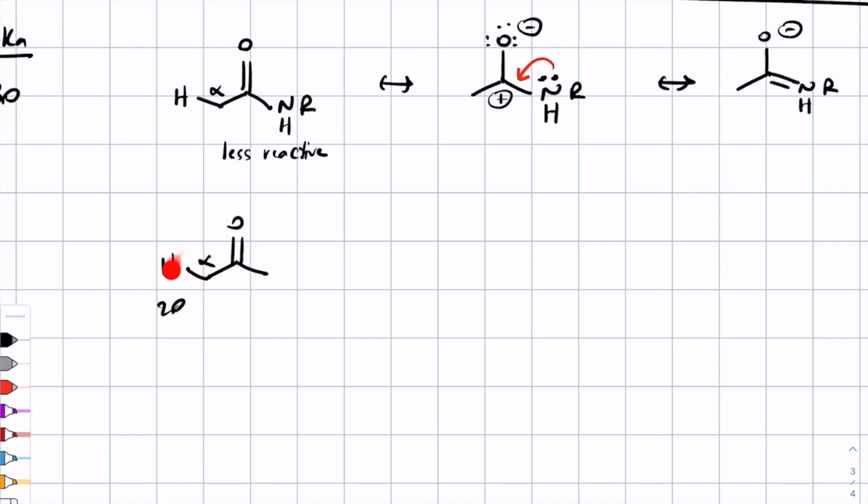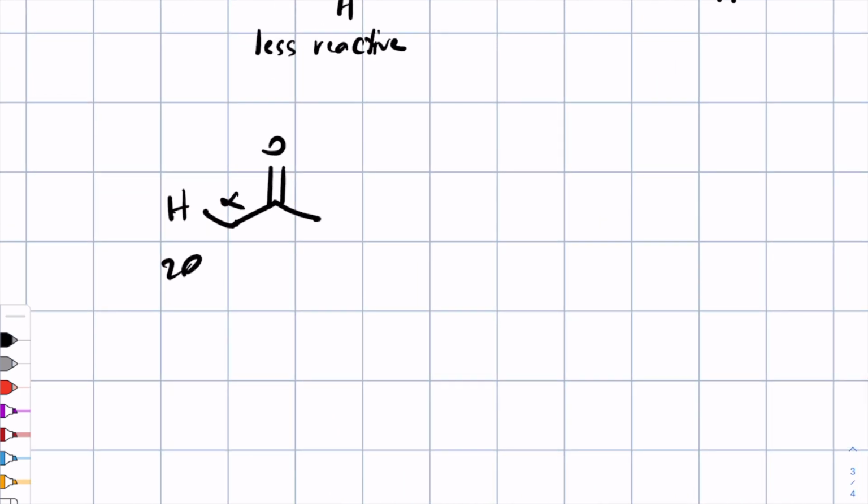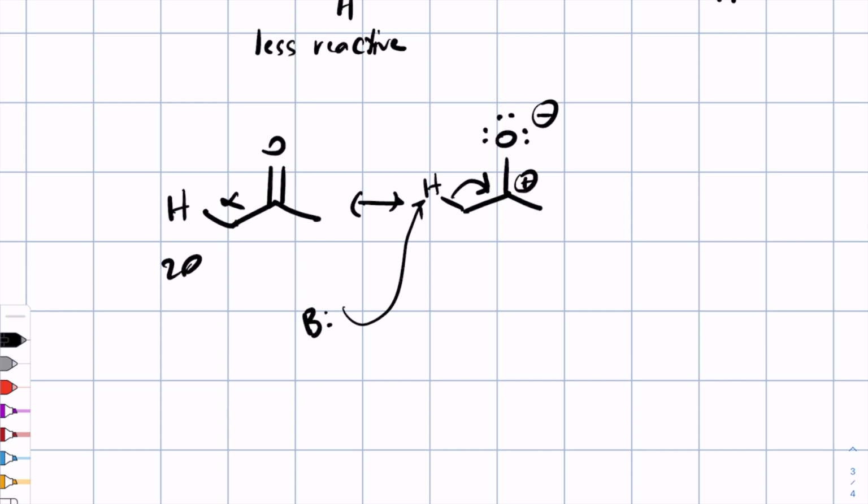What makes the alpha proton acidic in the first place is the fact that you can draw a resonance structure for the carbonyl compound that looks like this. And from this resonance structure you can draw almost an E1 type reaction mechanism where a base removes a proton and then you create a new pi bond. That ought to look a heck of a lot like an E1 type reaction.